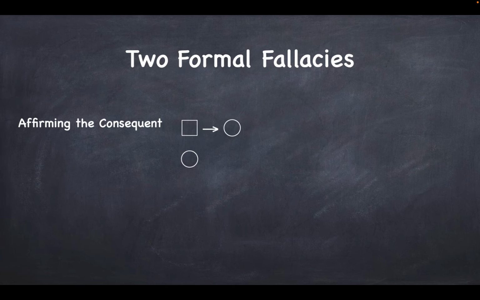So affirming the consequent is our first one. It's easy to at first think that, well, if modus ponens works, then affirming the consequent works. Modus ponens is: if box, then circle; box; therefore circle. And affirming the consequent starts the same with the conditional, if box, then circle.